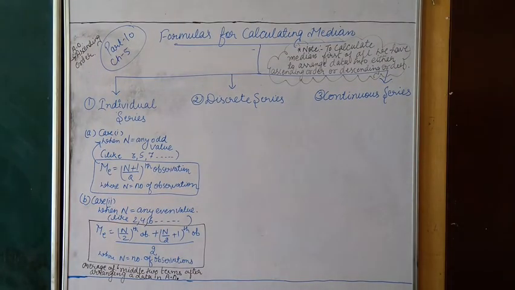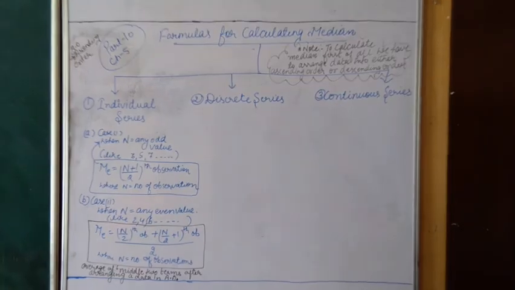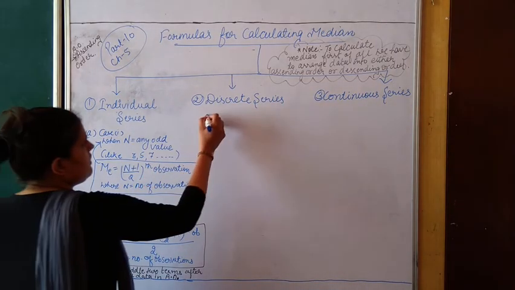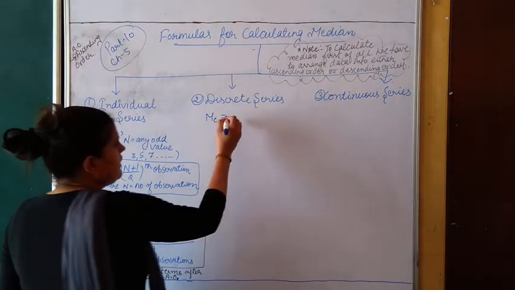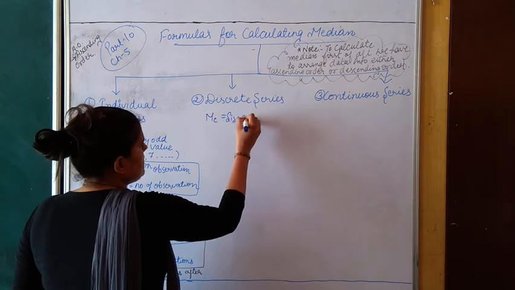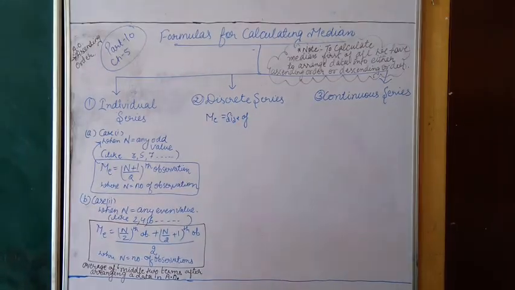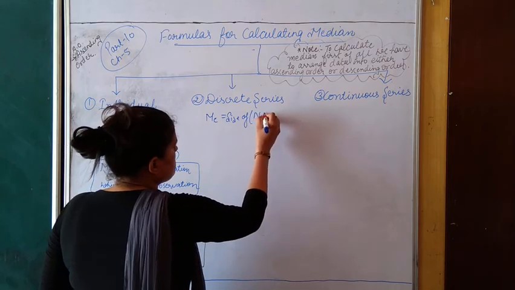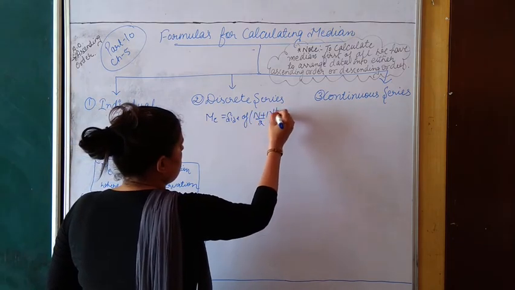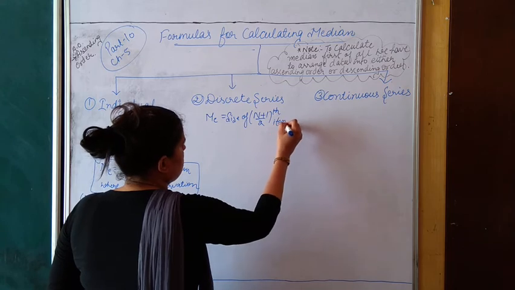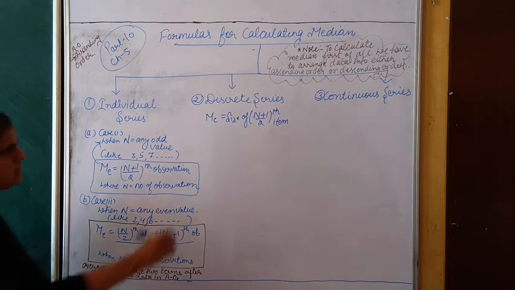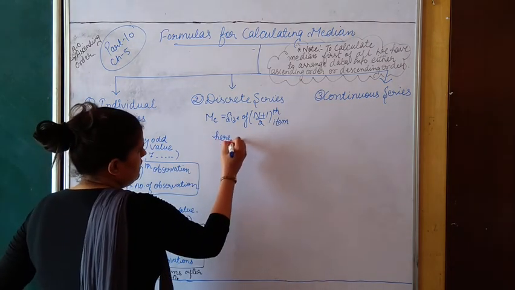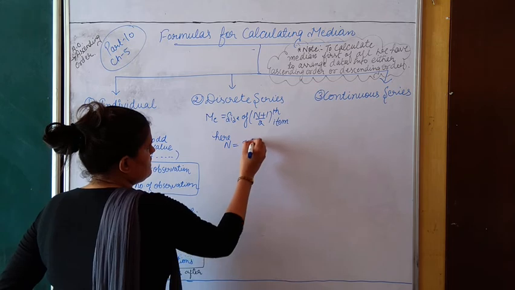Clear? Now we will move to our next series, that is discrete series. In this discrete series, what will be your median? It will be the size of (n plus 1) by 2th item, and here your n is equal to sigma f.